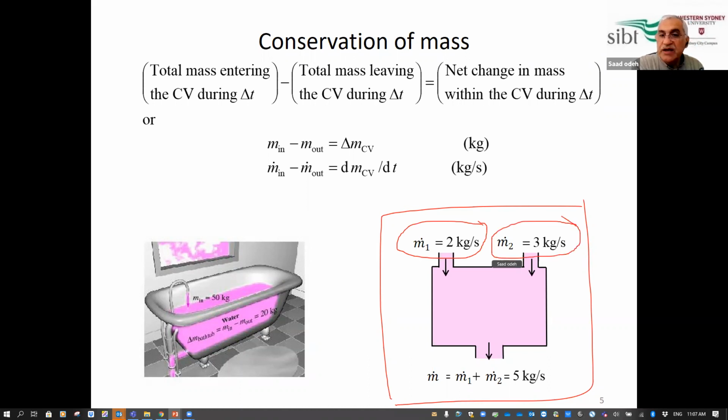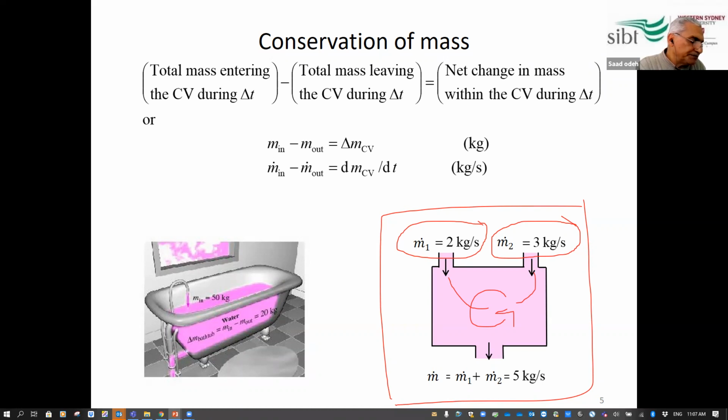We want to burn the gas. So we have 2 kilograms per second of gas, and 3 kilograms per second of air. These 2 fluids combine in a combustion, and we have a reaction. After combustion, they leave the system as combustion gases.